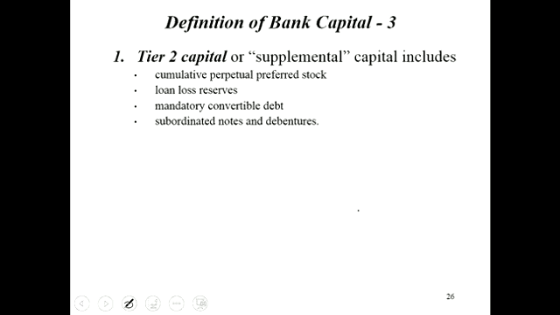So the tier 2, this is your lower quality capital stuff, and when you look at this, most of this isn't actually even capital in the sense that we normally consider it. Why would a loan loss reserve be sitting in tier 2? Why is loan loss reserves sitting in tier 2 and not in tier 1?